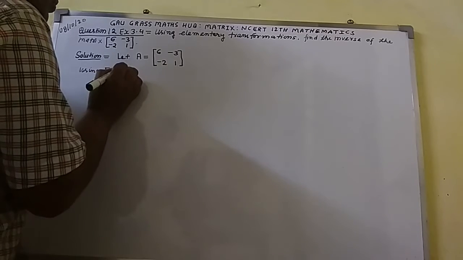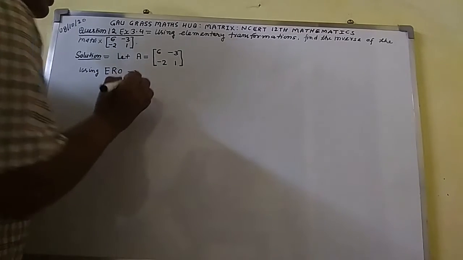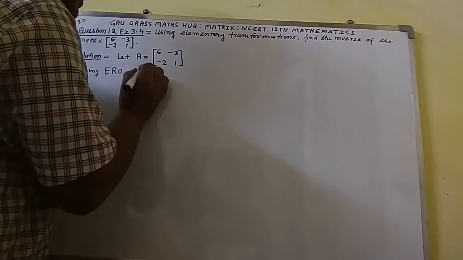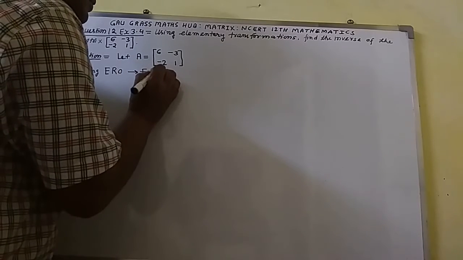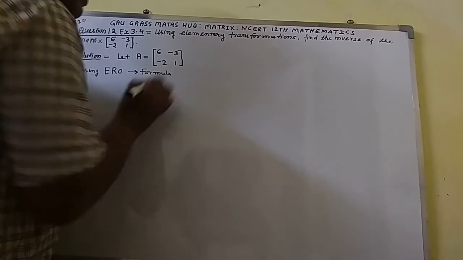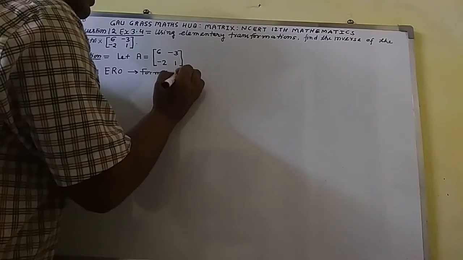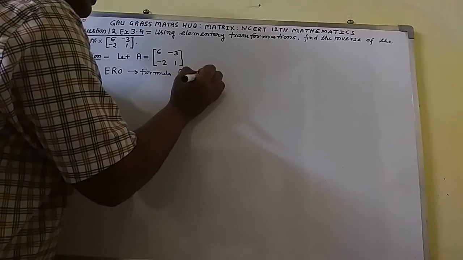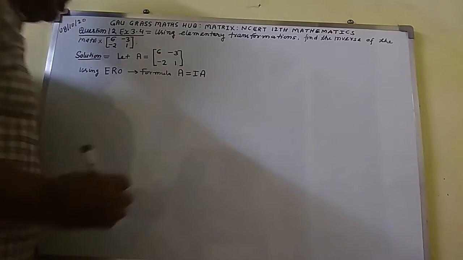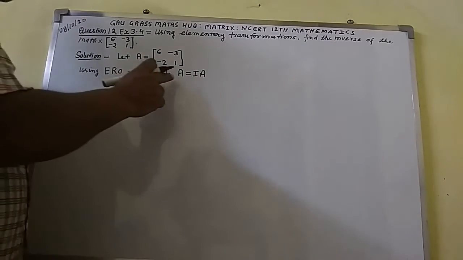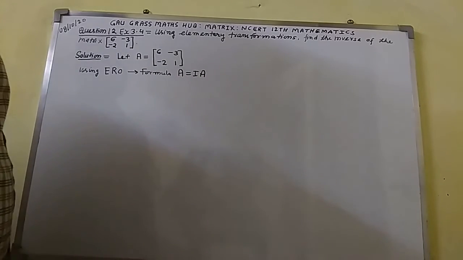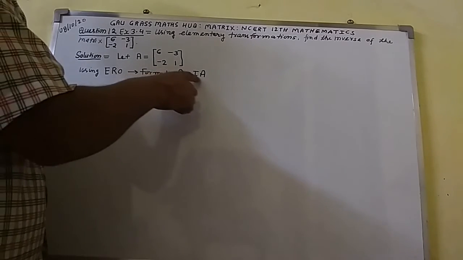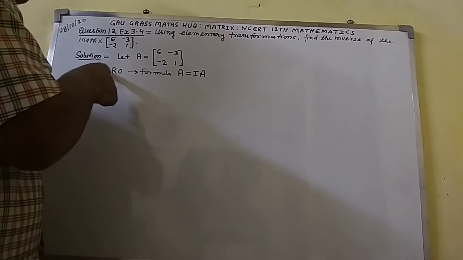Using ERO, I shall write the formula A equal to IA. This is the formula A equal to IA in case of elementary row operation.